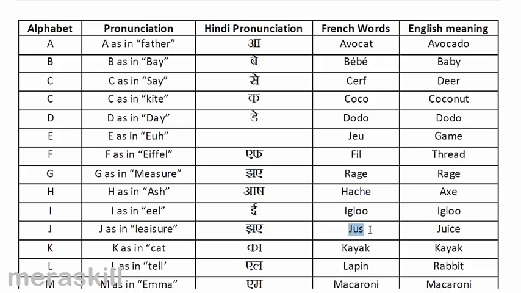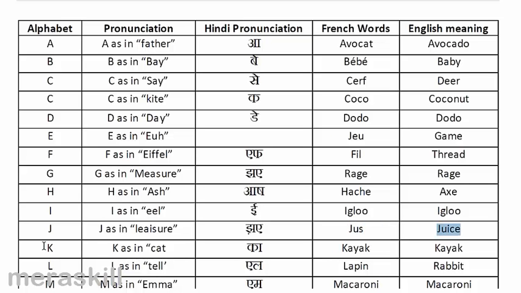That becomes Ju. A, B, C, D, E, F, G, H, E, G. Okay. So J becomes G and the word is jus, which means juice.